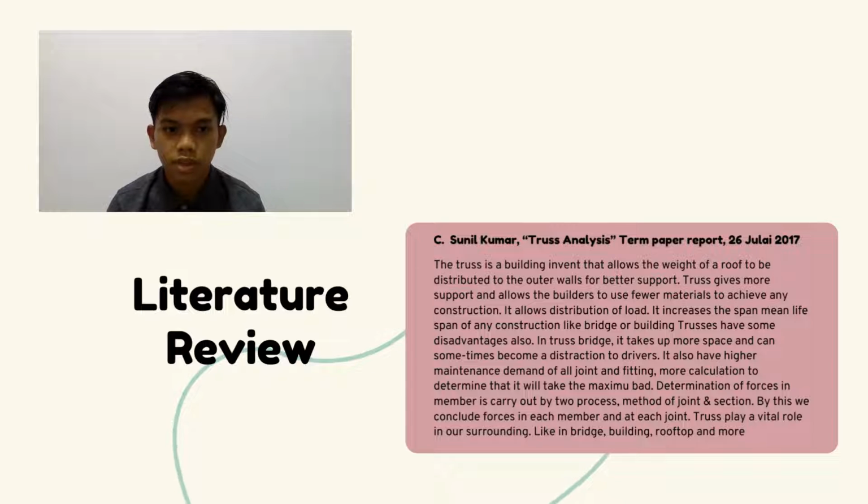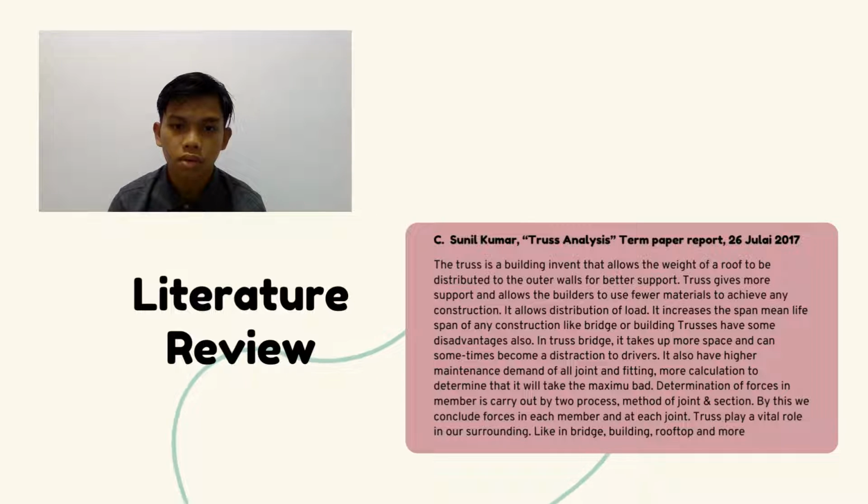Trusses have some disadvantages also. In a truss bridge, it takes up more space and can sometimes become a distraction to the drivers. It also has a higher maintenance demand for all joints and fittings, and more calculation to determine that it will take the maximum load. Determination of force in each member is carried out by two processes: method of joints and method of sections.